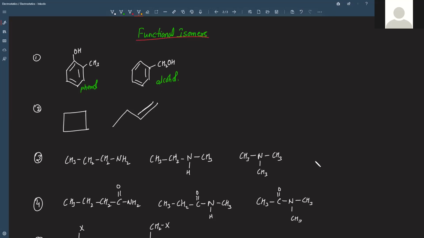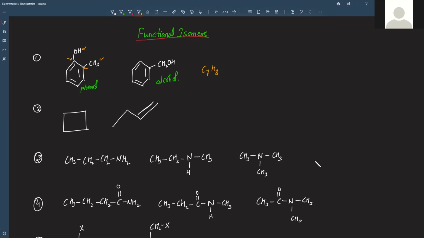There are 7 carbons in both structures. Hydrogen in the benzene ring is 6, but in the first case 1 hydrogen from here will be removed, and 1 from here will be removed, so that makes it 4. After that there are 4 more hydrogens, here and here. So this is 4 plus 4, that is 8.